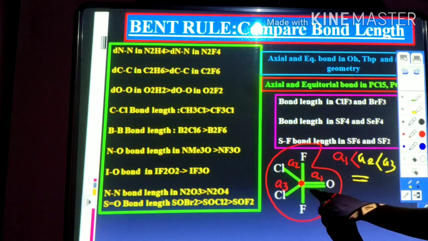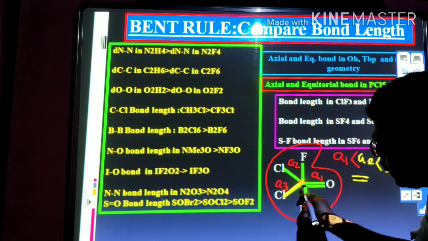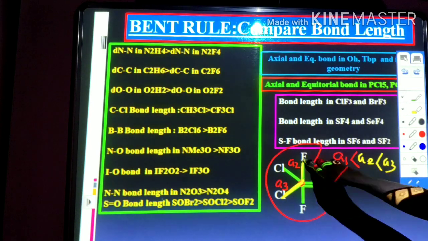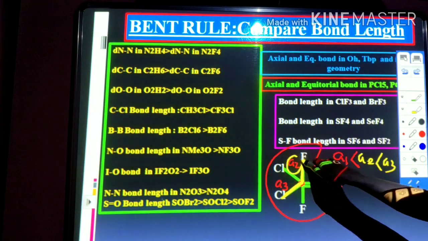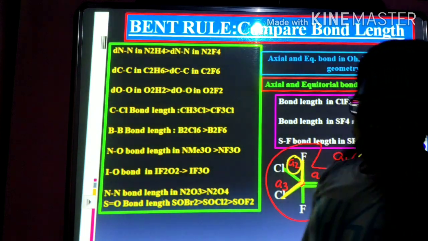The sulfur-chlorine bond, A3, will be the longest one. A2 is the sulfur-fluorine bond, and the double bond will be the lowest one.